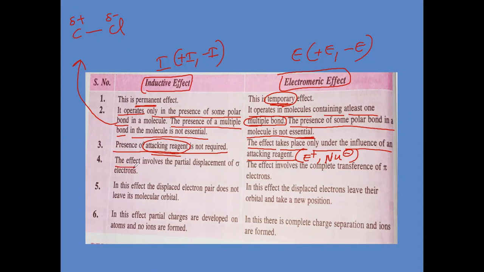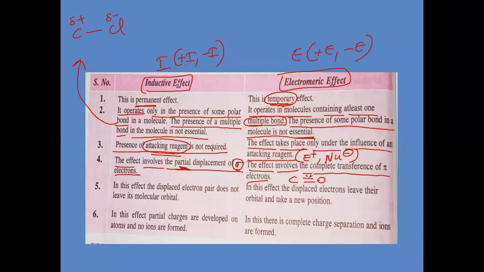Next, the inductive effect involves what? The partial displacement of sigma electrons. Remember, which electrons are moving here? Sigma electrons are moving, displacement. Not complete displacement, but partial, incomplete displacement of sigma electrons. And the electromagnetic effect involves the complete transference of pi electrons, meaning pi electrons will completely transfer from carbon to oxygen.